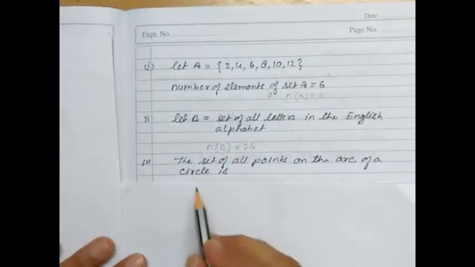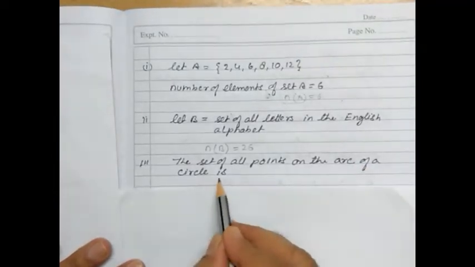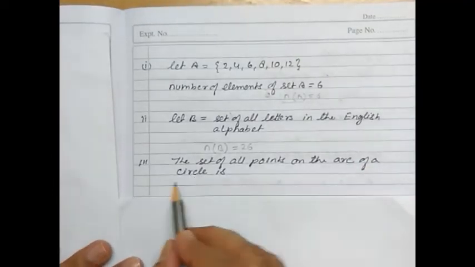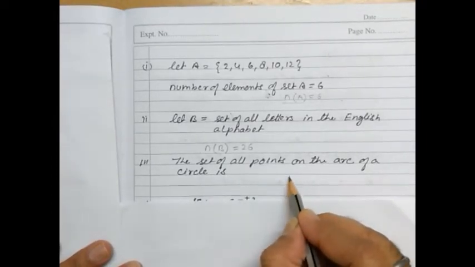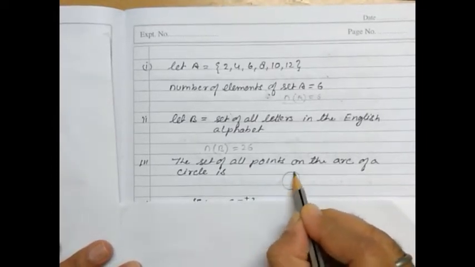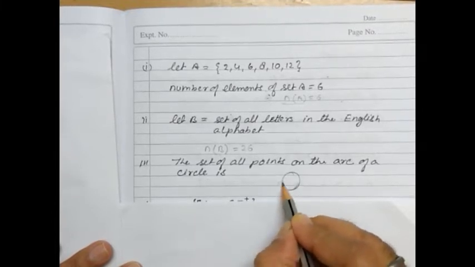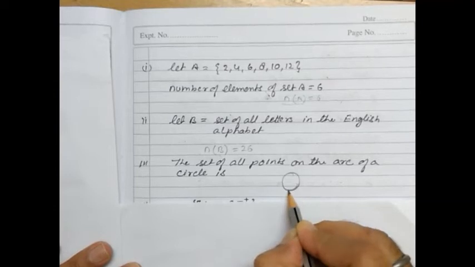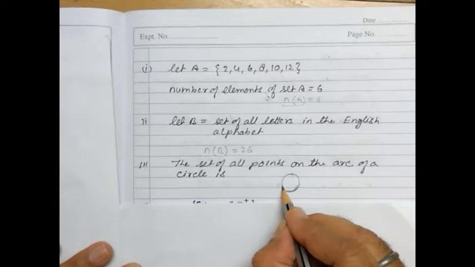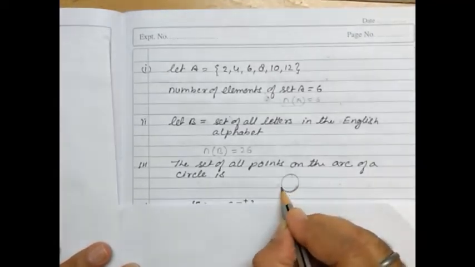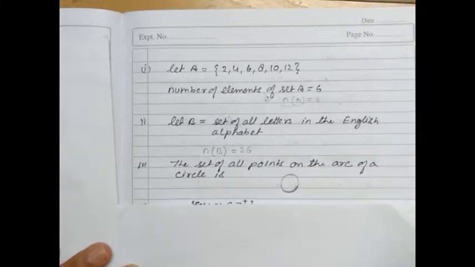Now the set of all points on the arc of a circle. If we draw a circle and consider an arc from here to here, how many points will be there? Can anybody count the number of points that form this arc? You cannot count it, isn't it?